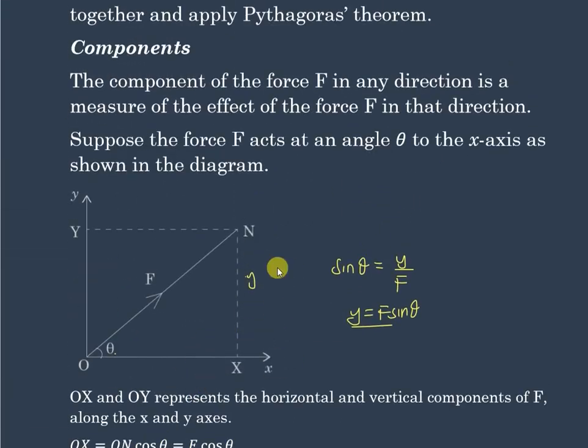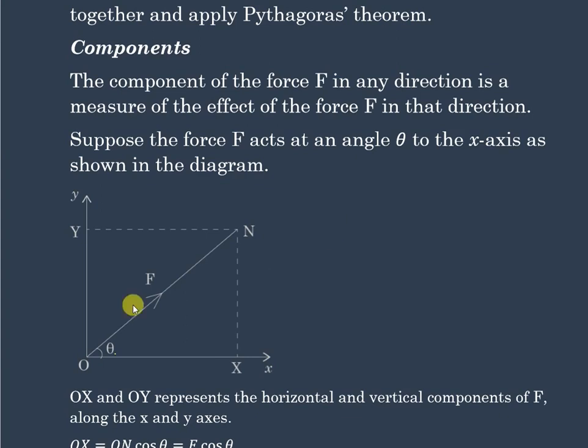So let's move to this diagram. I want to look at it, and you see the definition of a component of a force. We said that the component of a force in a given direction is the product of the magnitude of the force and the cosine of the angle between the force and the direction.